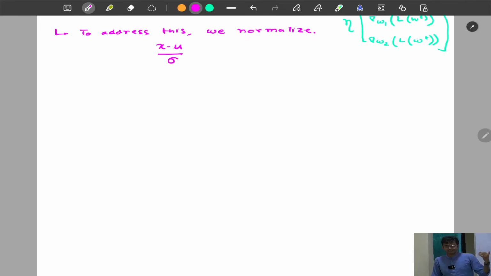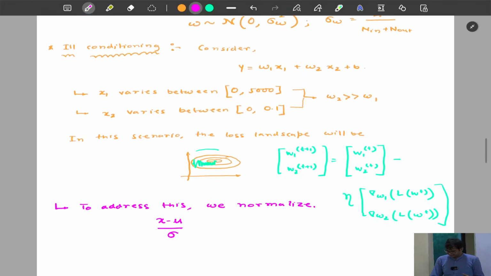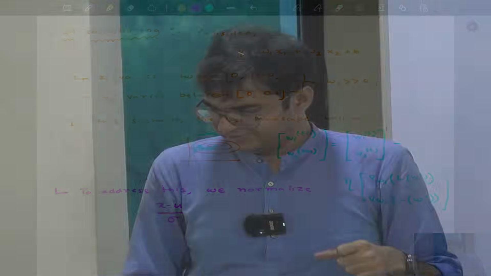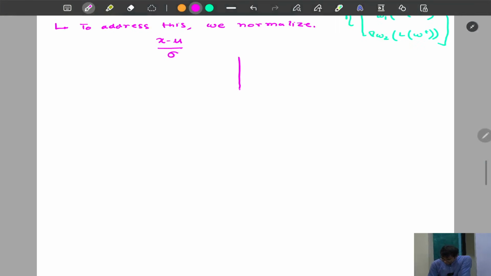Basically, convert it into a zero mean unit variance kind of thing. And with this, if I use this formula on the datasets x1 and x2, both will be zero mean unit variance, the same kind of range. W will be in the same kind of range. So after normalization, this diagram will be a proper Gaussian distribution, something like this, right? And as a result, now both have an equal kind of gradient. So in both directions, it will move equally. Make sense?